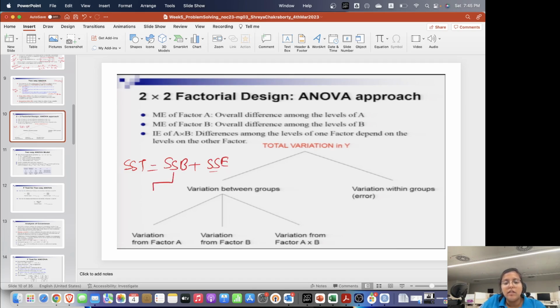Previously, when we had one effect, this part can be further divided into variation from factor A, variation from factor B, and variation from factor AB. This is nothing but the interactive effect, jointly how factor A and factor B influence my response.